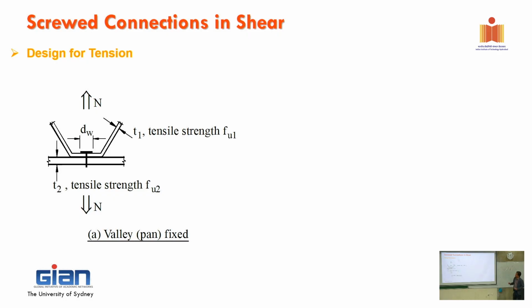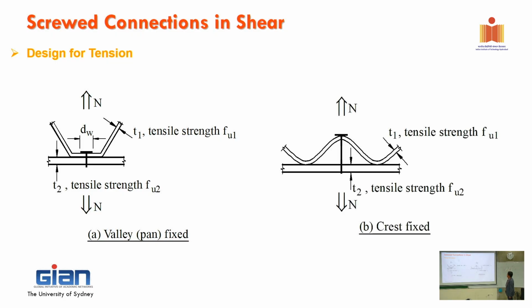Okay. So in some cases where our structure or our building is subjected to wind uplift, so wind blows in, the lip just blows up. So that screw is very important for the design of screw in tension. And now there's some scenario that is going to happen.